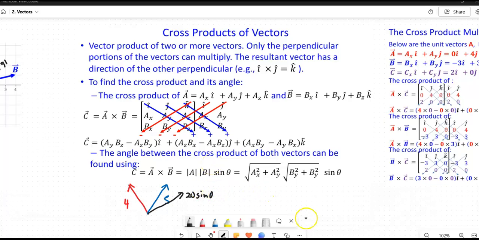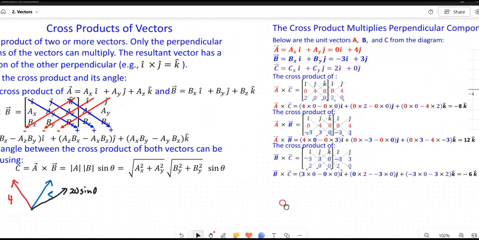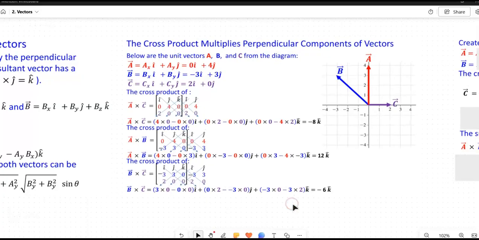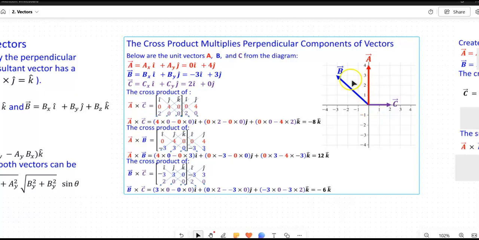We'll get into that in a second, but again, just like we did before, let's figure out what an actual cross product is. Let's practice what we just did. So suppose you had an A vector pointing straight up. A B vector is pointing now up and to the left by -3 in the X direction and up +3. And the C vector is still pointing to the right +2.